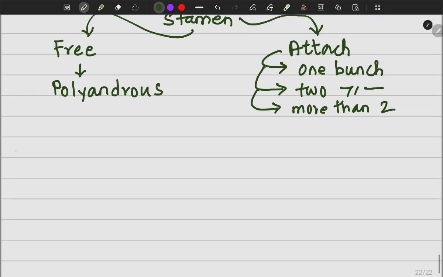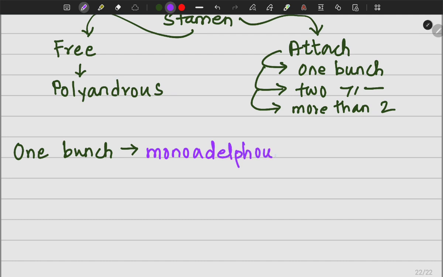When the stamens are attached together in the form of one bunch or bundle, that condition is called monoadelphous. Example for monoadelphous is China rose.